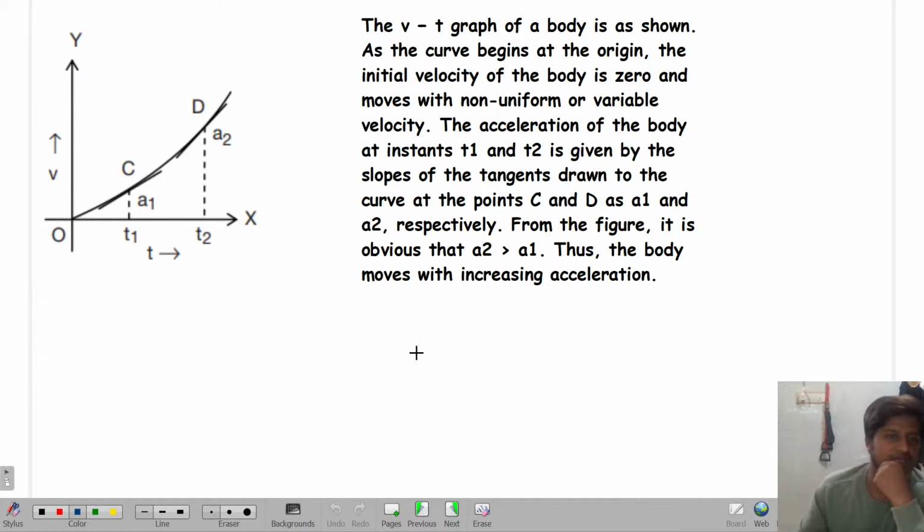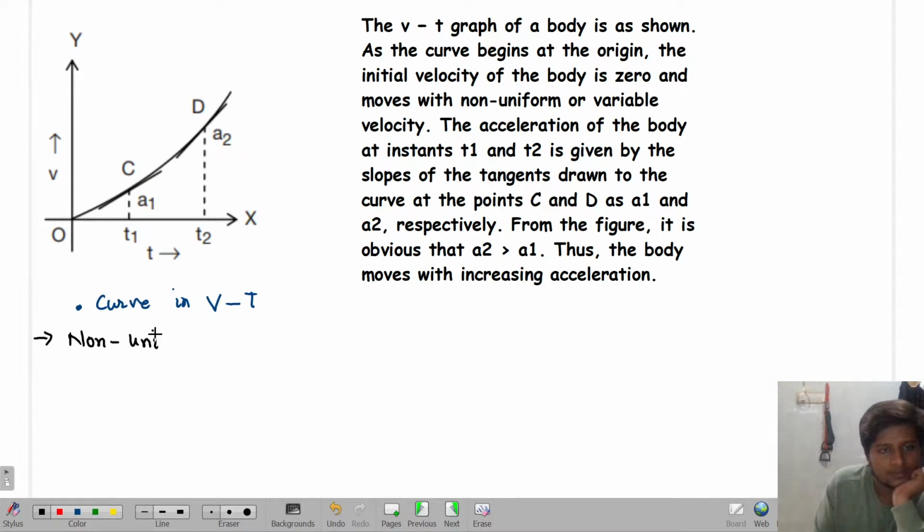First important thing: if you have a velocity time graph and it is a curve, then what does this mean? A curve in the Vt graph. So the first conclusion is just a one-line conclusion: non-uniform velocity.